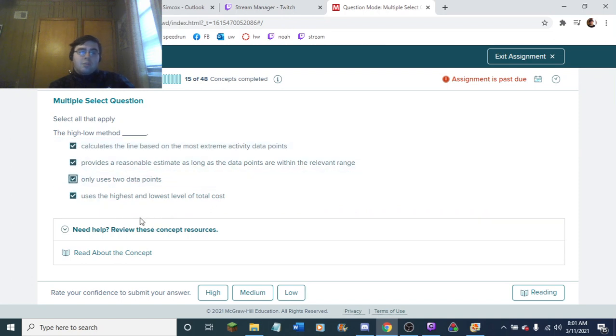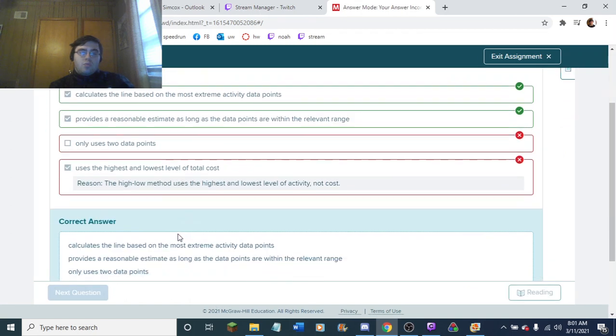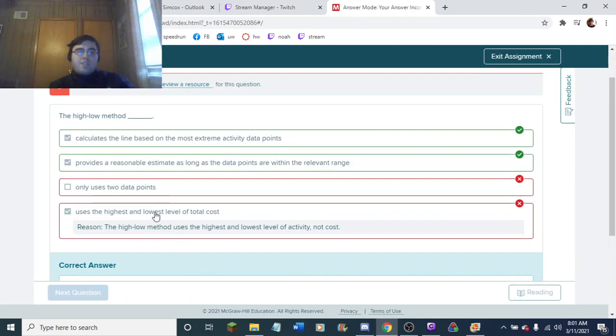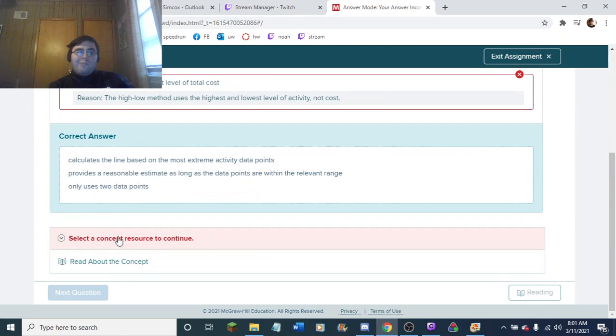Okay. So it doesn't use the highest and lowest level of cost. It uses the highest and lowest level of activity, not cost. And it does use only 2 data points. Nice.